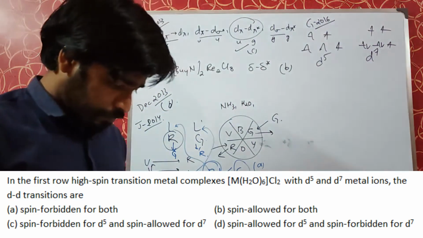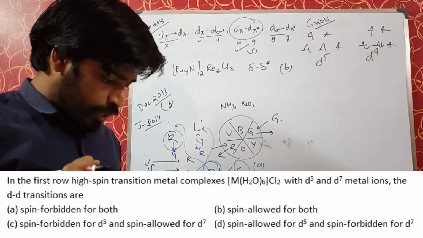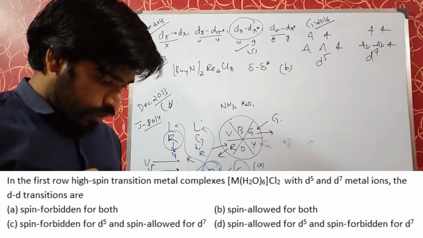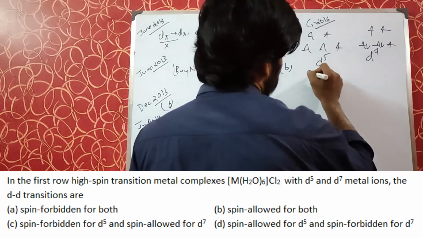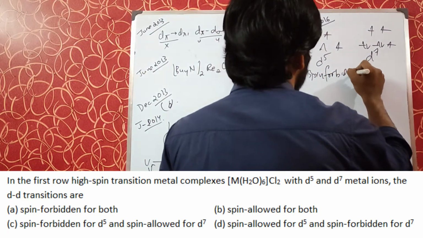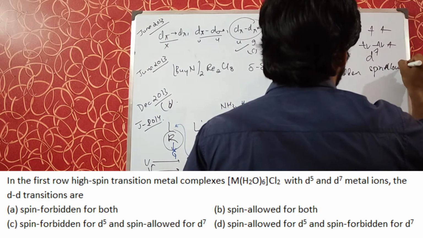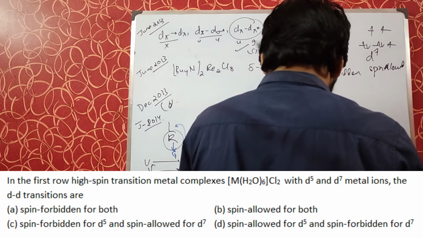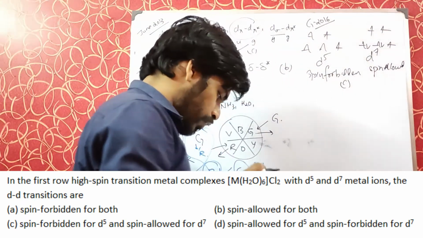The d-d transitions are, for d5 obviously it is spin forbidden and this is spin allowed. So that is given in option number C. A very straightforward question.